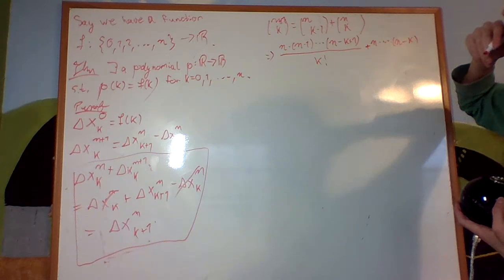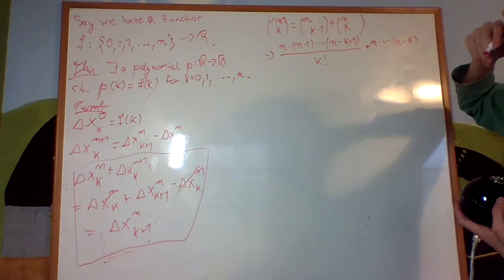Is it n minus k plus 1? That's from the definition. Then it'll be n minus k minus 1 plus 1, which will be n minus k plus 2. There we go. Over k minus 1 factorial. So what I'll do is I'll multiply this by k, right? And then they have a common denominator.